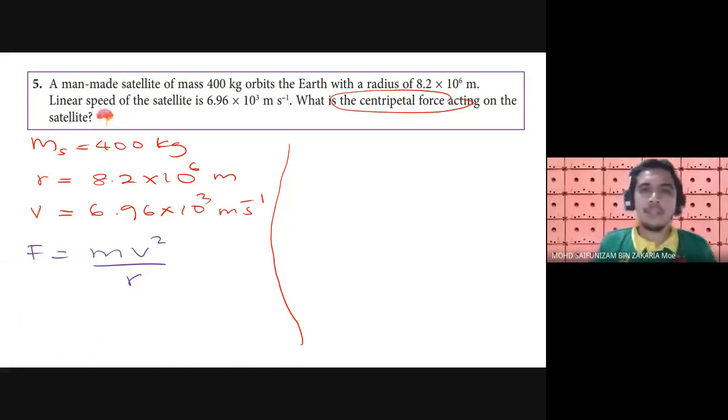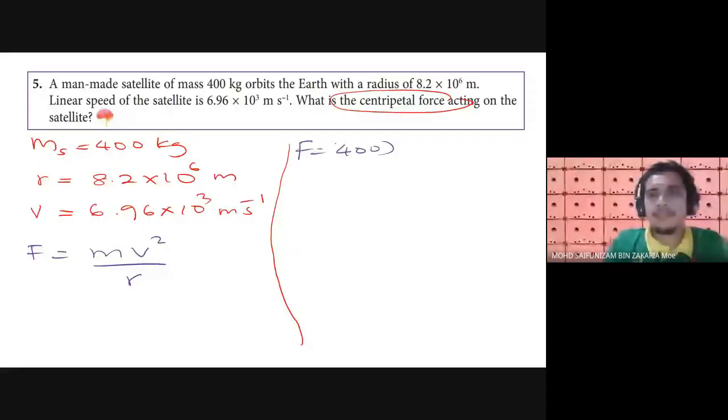So we just substitute. F equal to 400 times 6.96 times 10 to the power of 3, squared, divided by R, 8.2 times 10 to the power of 6 meter.